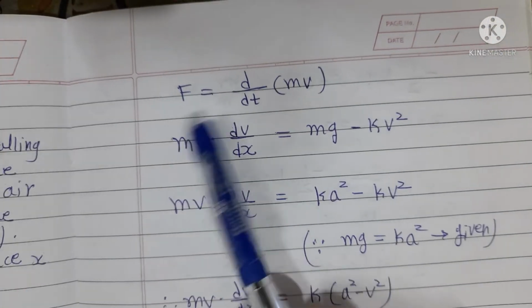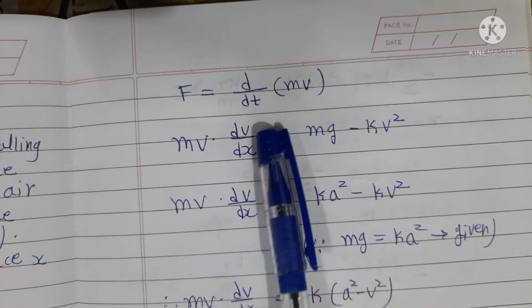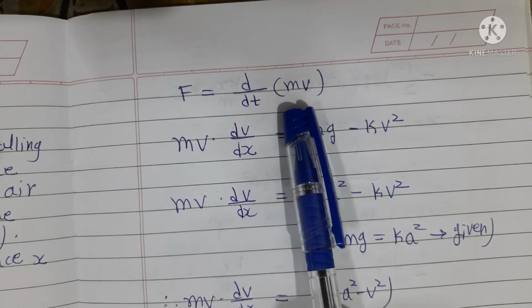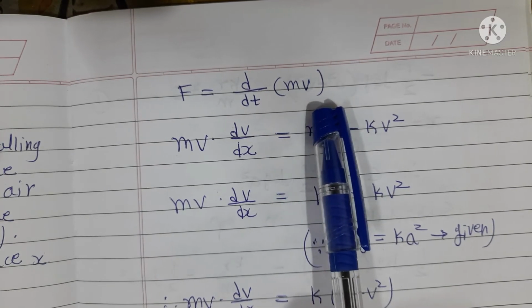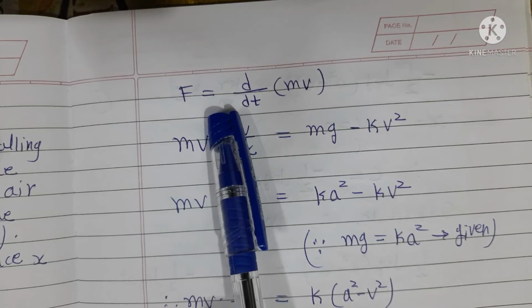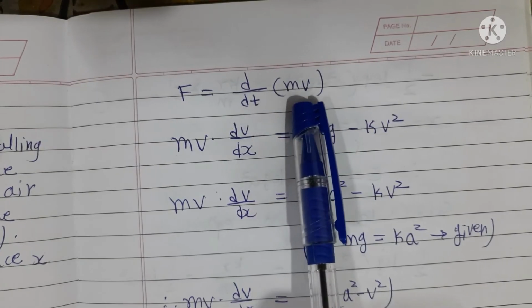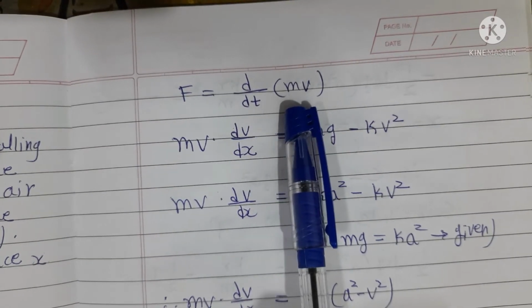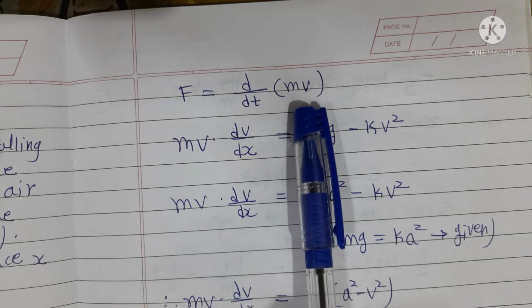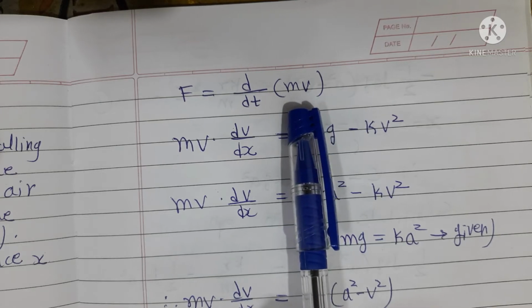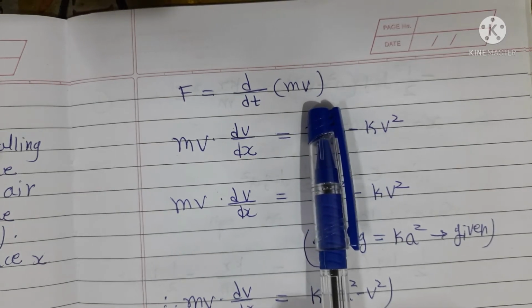Newton's law of motion says force is equal to d/dt of mass into velocity, that is the differentiation of momentum with respect to time, where m is the mass of that body and v is the velocity.